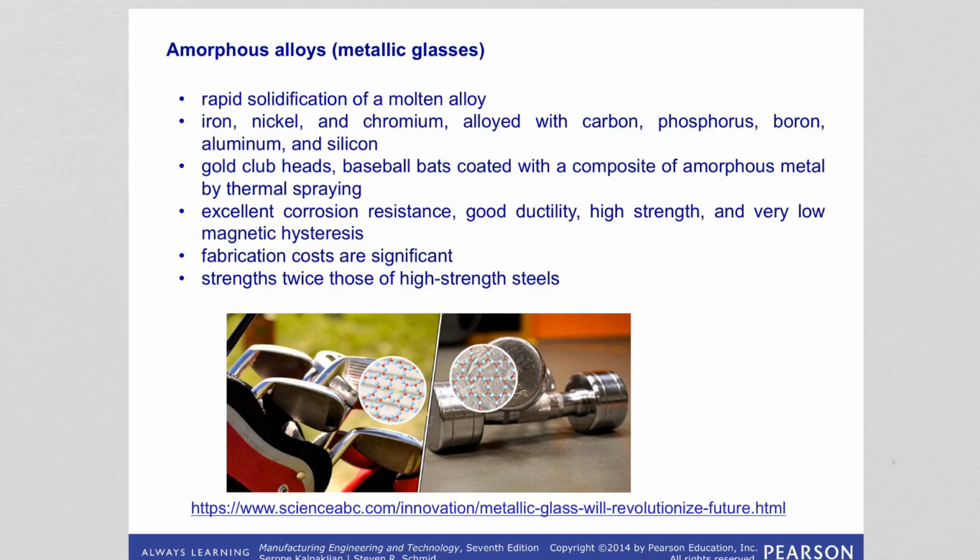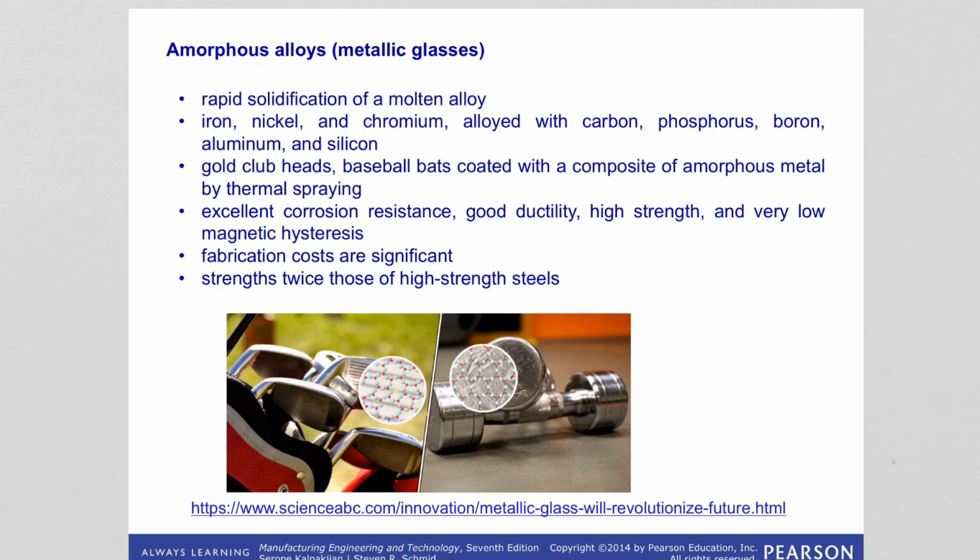The atoms don't have time to arrange themselves into ordered positions. Okay, so that's why they are randomly oriented in the structure. And therefore, what type of alloys are these? Usually these are iron, nickel, chromium, alloyed with carbon, phosphorus, boron, aluminum, and silicon.